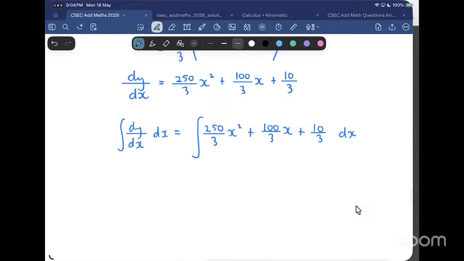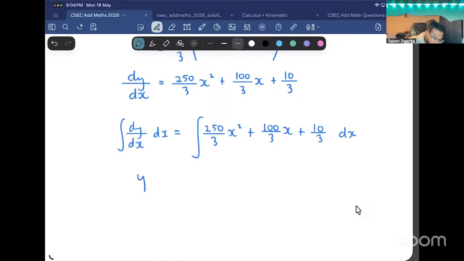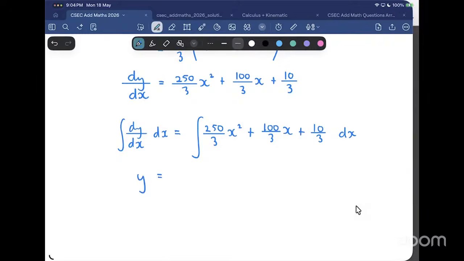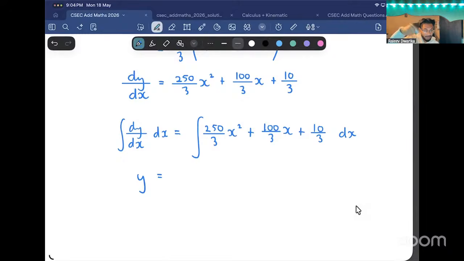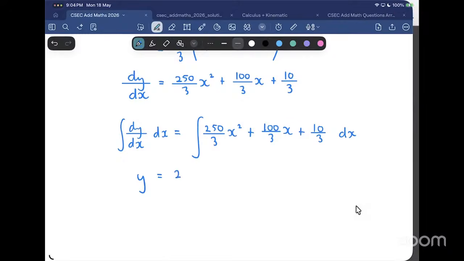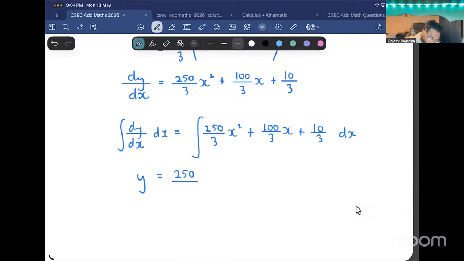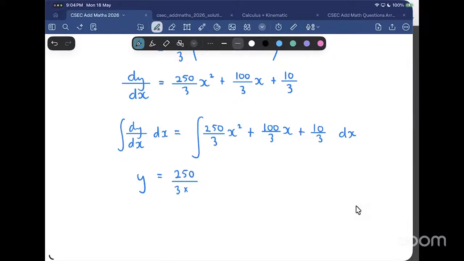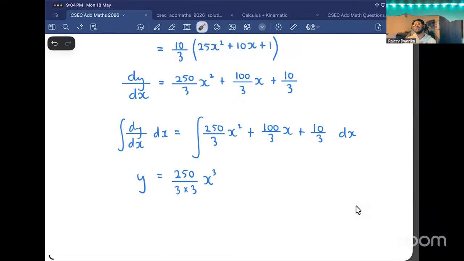On the left hand side, if you integrate dy dx, you're going to get y. On the other side, remember you're gonna add 1 to the power and divide. So that's gonna be 250 over, it's really gonna be 3 by 3, x to the power 3. But how do I know that?